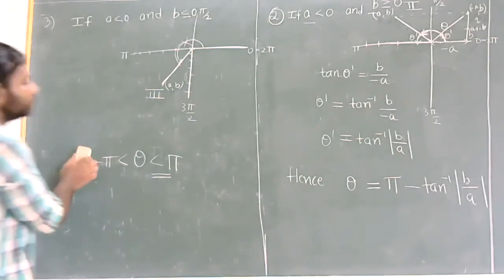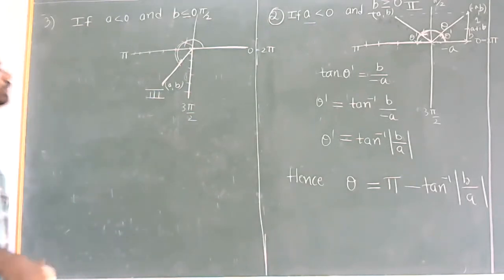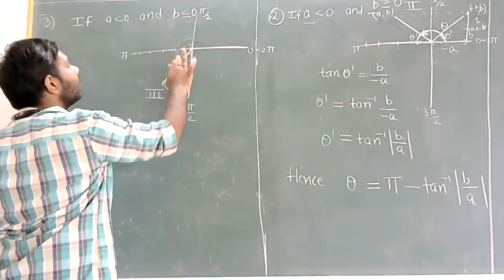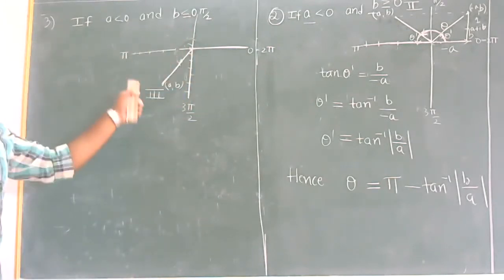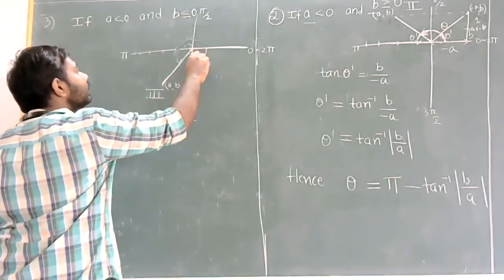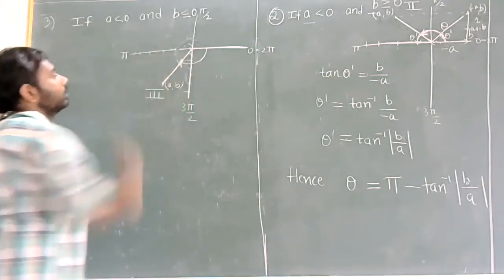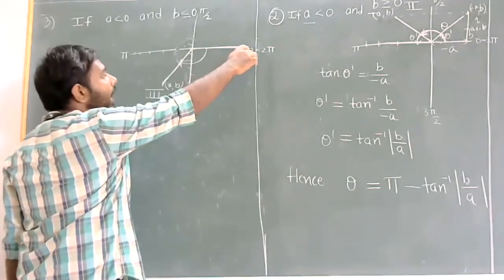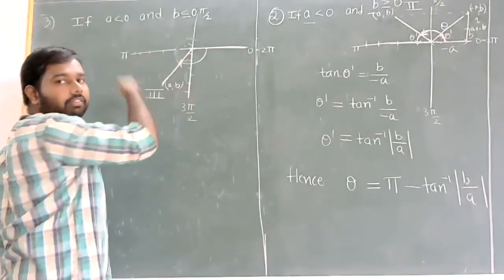So what we shall do is measure the angle in clockwise direction. If we measure it in anti-clockwise direction, it exceeds pi. So we shall measure it in clockwise direction. So I am starting from 0, moving in clockwise direction.